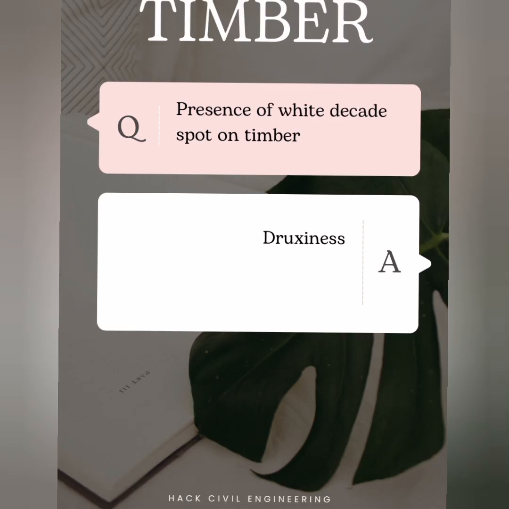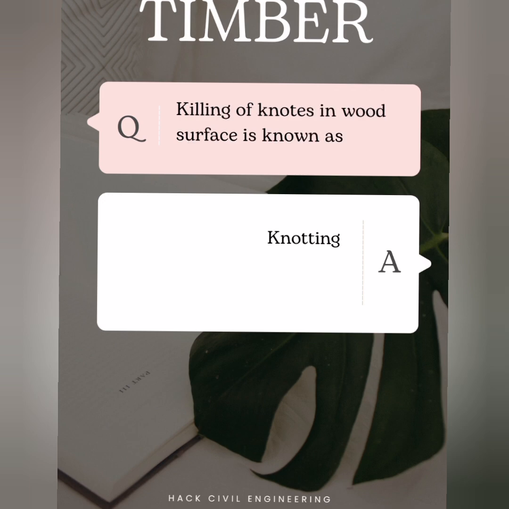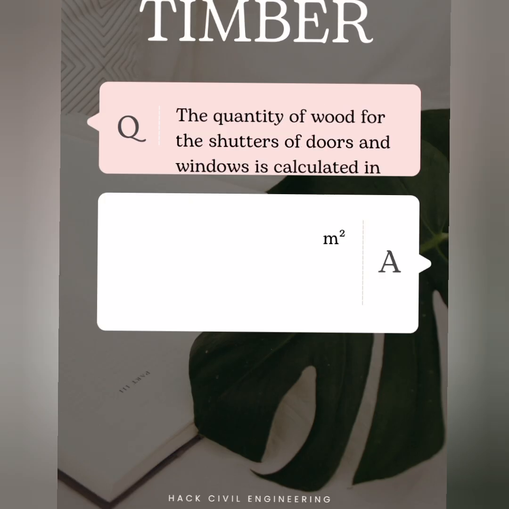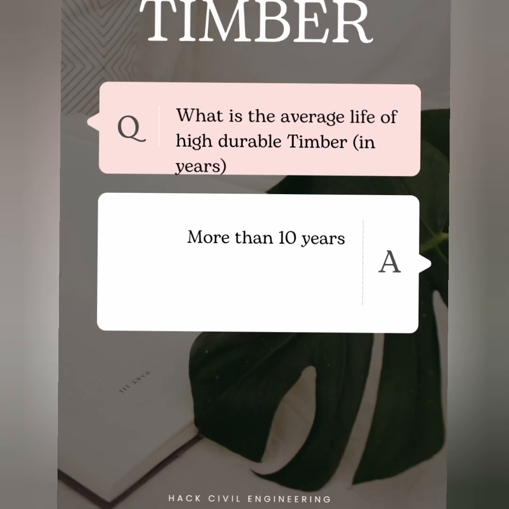Presence of white spots on timber: druxiness. Killing of knots in wood surface is known as knotting. The quantity of wood for shutters, doors and windows is calculated in square meters. What is the average life of highly durable timber in years?